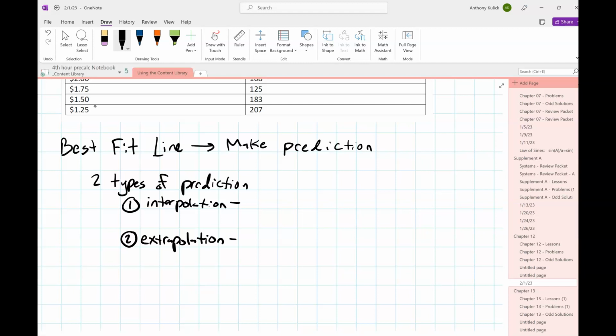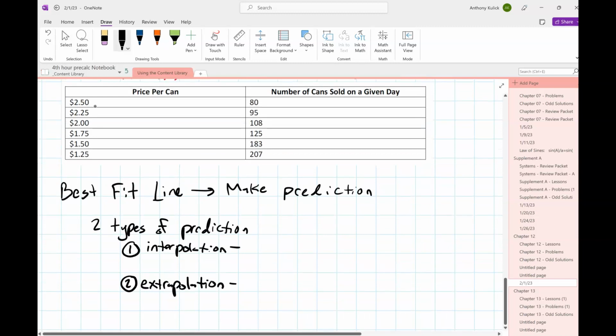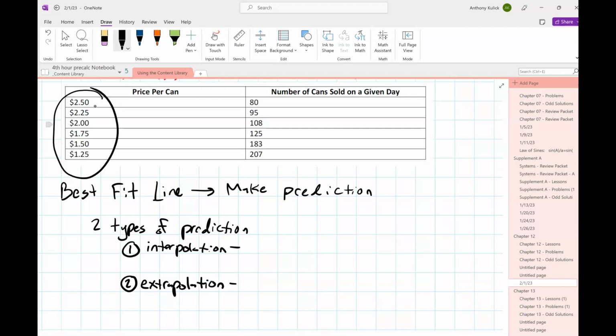Do you remember the difference between interpolation and extrapolation? Okay, so that means that we're predicting a value that's in between the points in our data set. So it's inside the data set. So if you picked a value between $1.26 and $2.49, that would be interpolation.